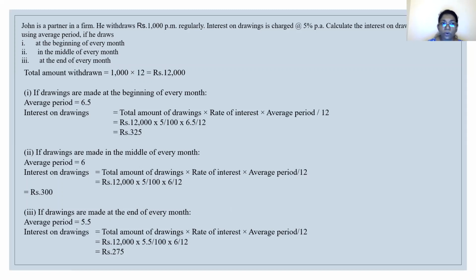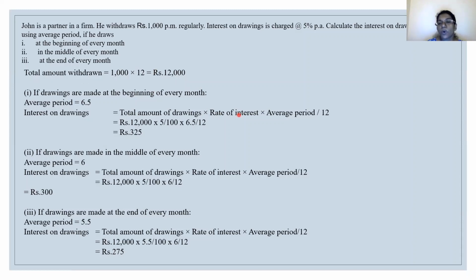So if we draw at the beginning of every month, how are we going to calculate? Earlier I mentioned the average period. The total amount of withdrawal would be 1,000 per month, so for 12 months, the total would be 12,000. So how are we going to calculate the interest on drawing? First we take the total amount of drawing. Then we multiply it with the rate of interest on drawing.